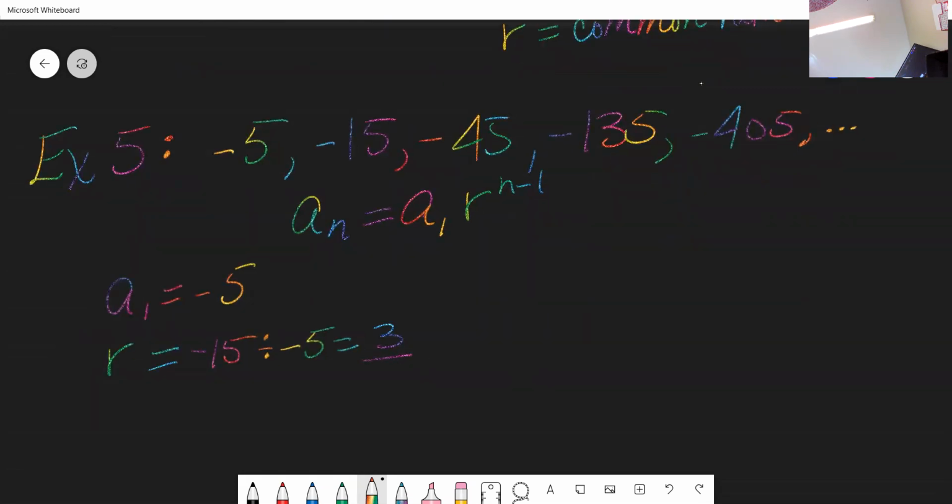So when we plug that into our formula, we find that the term at any position equals A1, -5 times 3 raised to the, yes, it is an exponent.